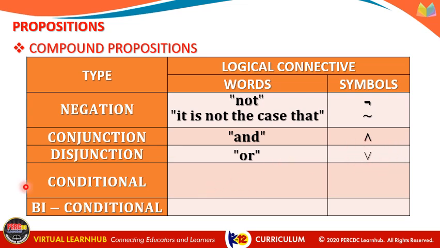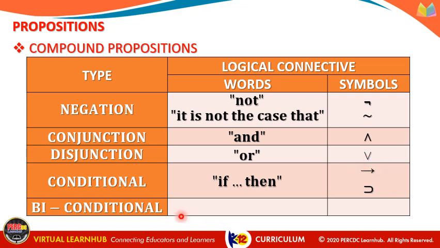Next, we have the conditional proposition. Conditional propositions are noticeable because of the words if and then. So let's say you encountered if you have this, then this will happen. So once you read the word if, something, and then something, then what you have is a conditional proposition. The symbols used for conditional propositions are this one and this one. Most of the time, it's the single arrowhead.